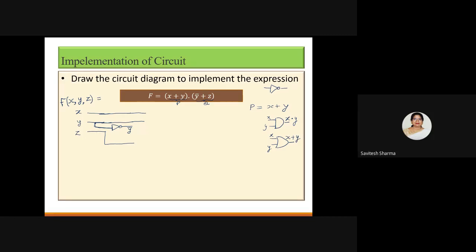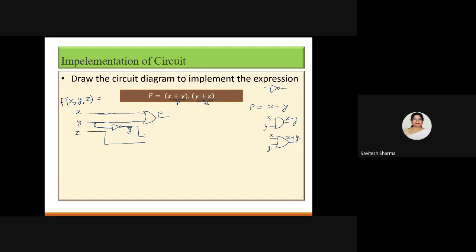So here x plus y is there. What will you do? You will take an OR gate and you will join x and y. This actually is giving you P. The next term is y complement plus z. Here you see that the complement of y and z are joined together and they are ORed. Plus means ORing.